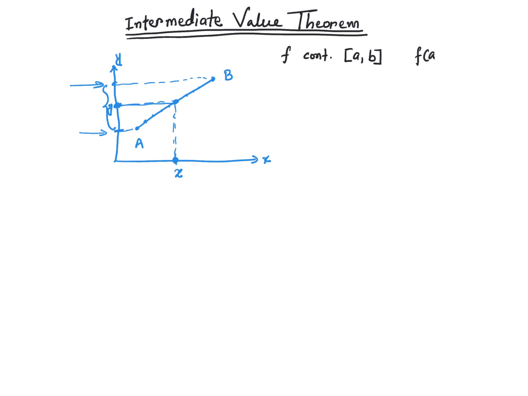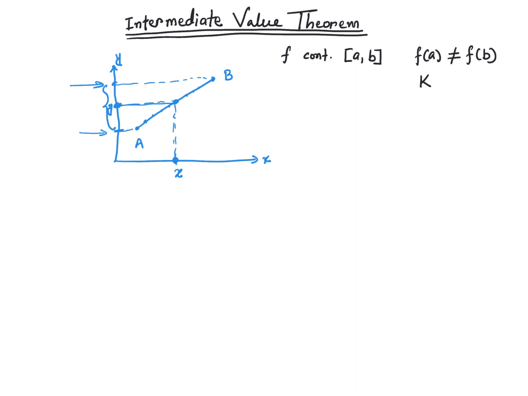Let's call the first one f of a and the second one f of b, the boundary points. And let's make the assumption that they are not equal. If they are not equal, then we could find some number in between them. Let me call that number k.